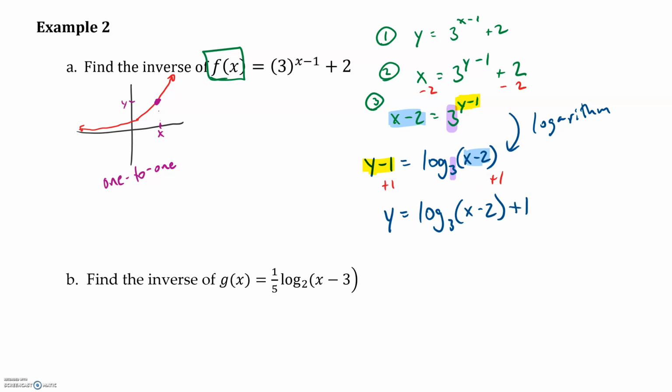Plus 1 is on the outside. And to finish the problem, we started with f of x, so let me write my final answer as f inverse. F inverse of x is log base 3 of x minus 2, plus 1.